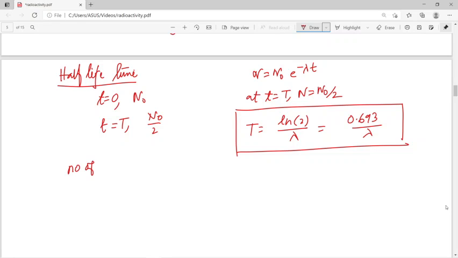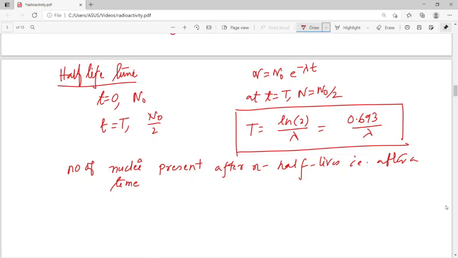Now, the number of nuclei present after n half lives, that is, after time t equals n t half: n equals n naught e to the power minus lambda t, so n naught e to the power minus lambda n t half.